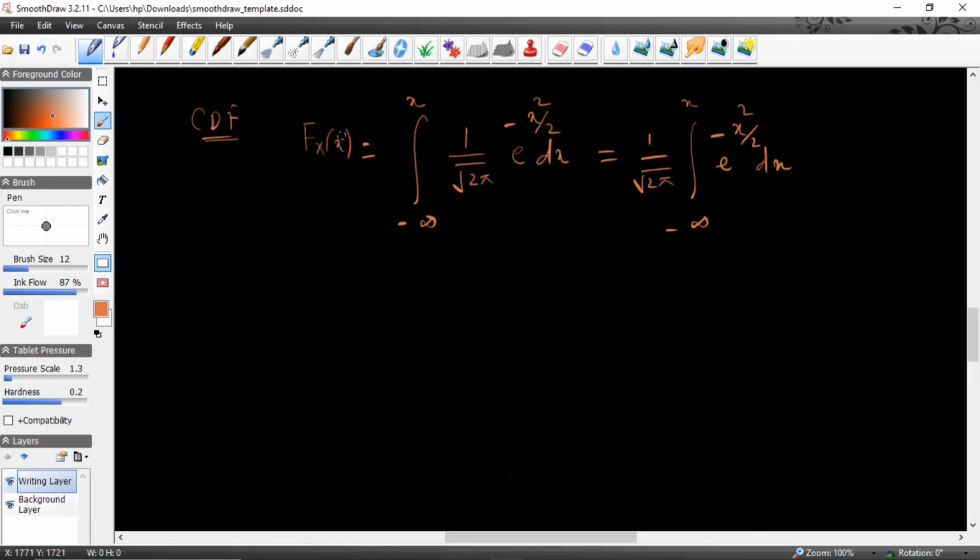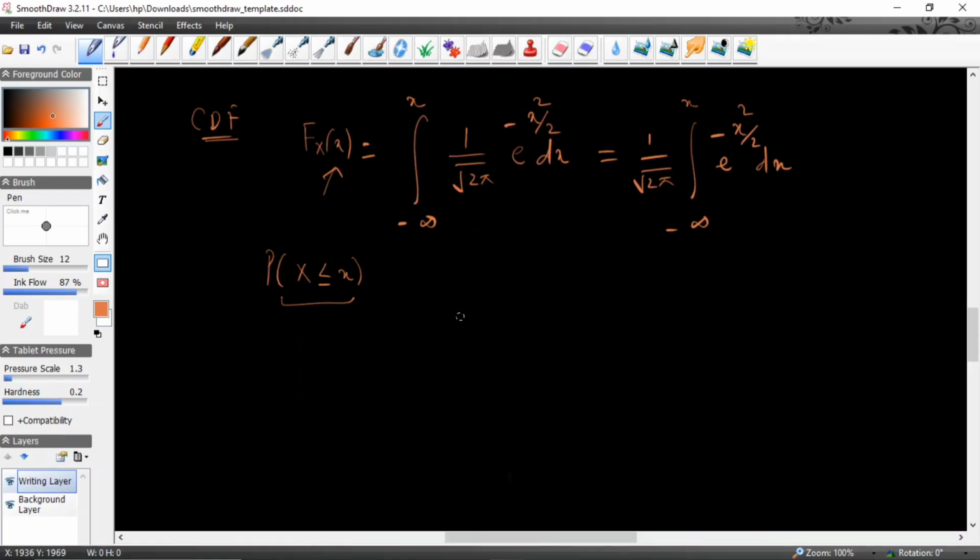So this is the CDF, which shows that the probability of random variable X having value equal to or less than x is given by this relationship.